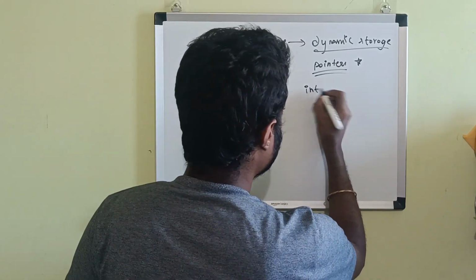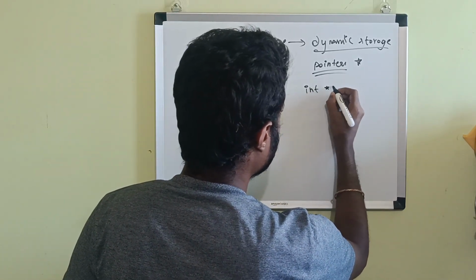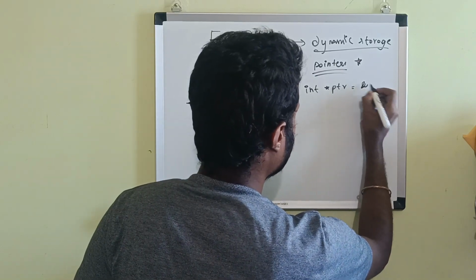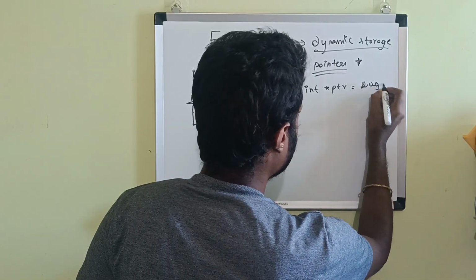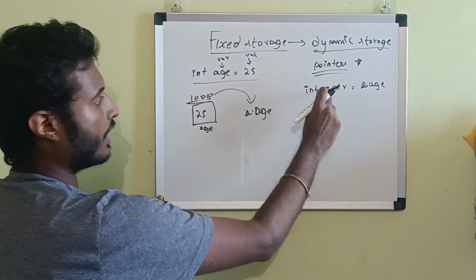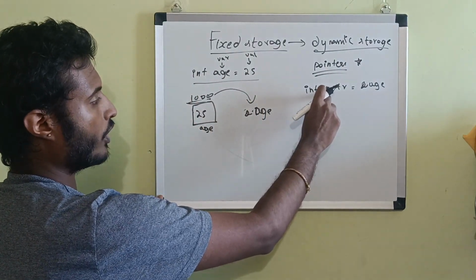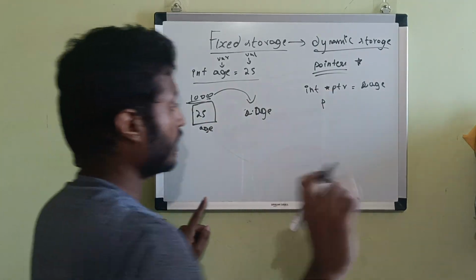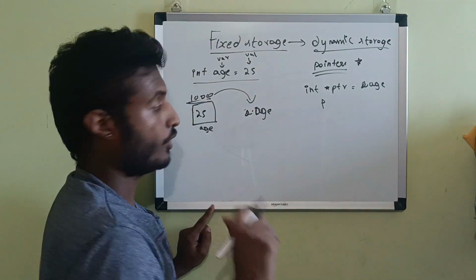After this, int *pointer. Next, we are storing what? &age. So this is us saying, okay computer, this is the pointer that we are denoting. To represent that, we are using star.